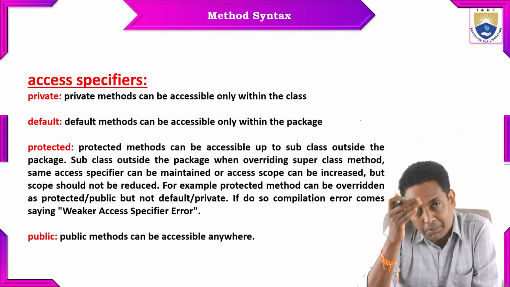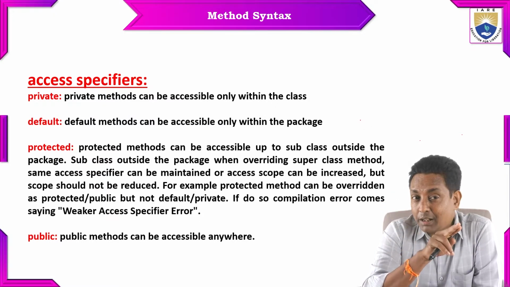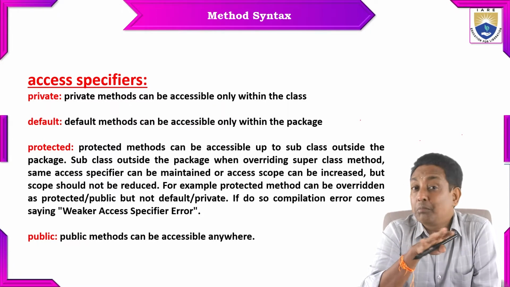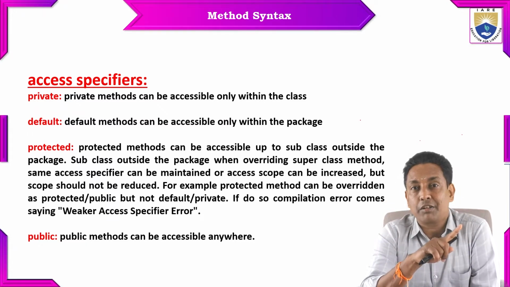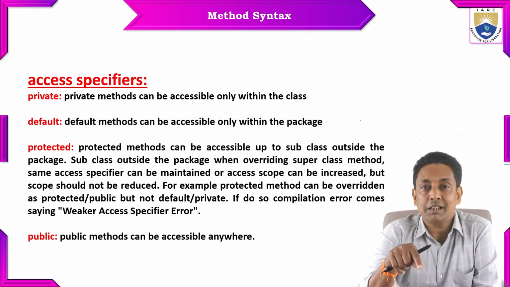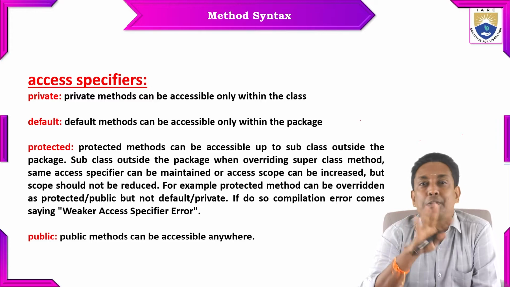But remember, not all methods of a public class become public by default. Never. That happens only in interface, where all methods are public. In a class, though the class is declared as public, unless you declare methods as public, they are not public.